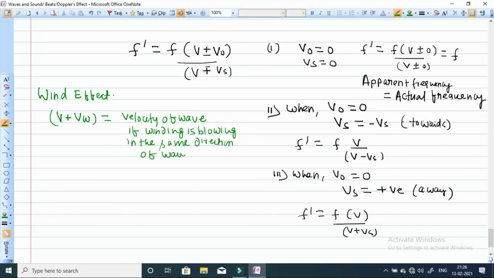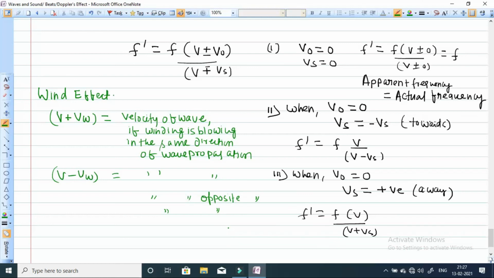Otherwise, if the wind is blowing in the opposite direction of wave propagation, this value will be v minus vw. So these are the 5 situations in these cases.